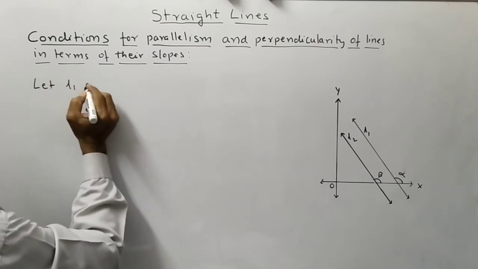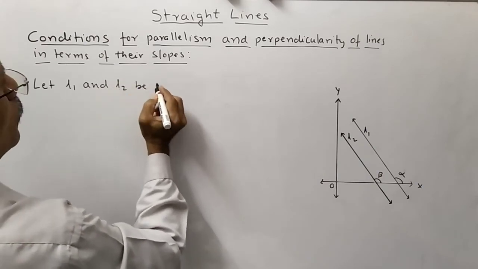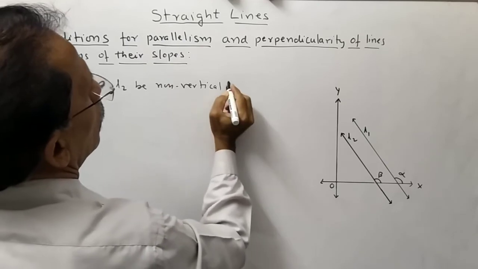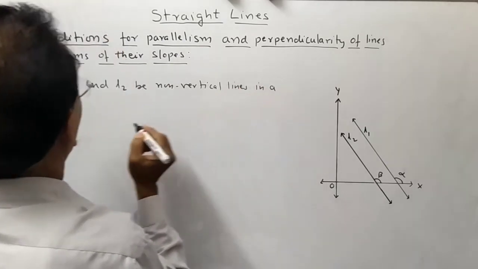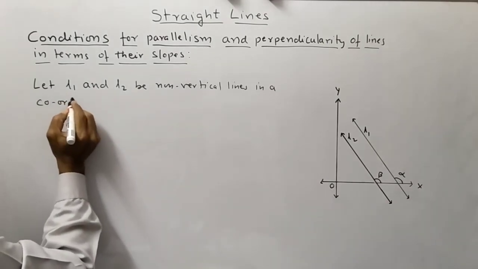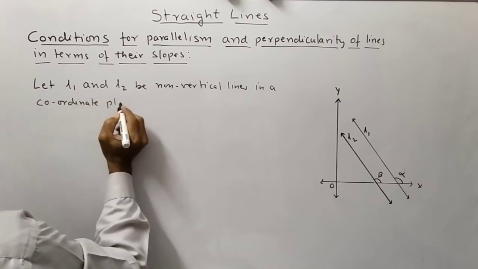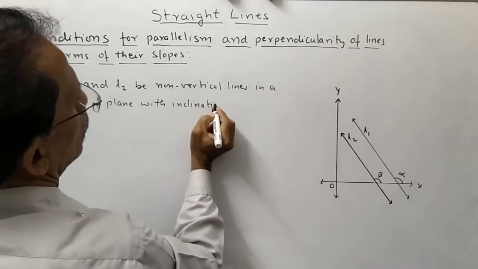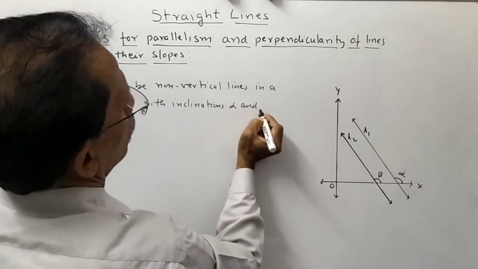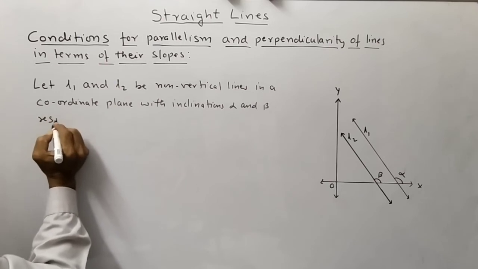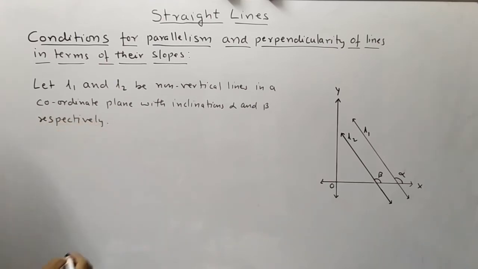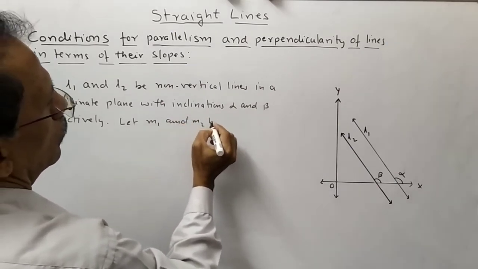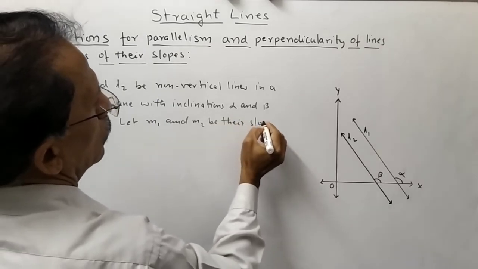Let L1 and L2 be non-vertical lines in a coordinate plane with inclinations alpha and beta respectively. Let m1 and m2 be the slopes.